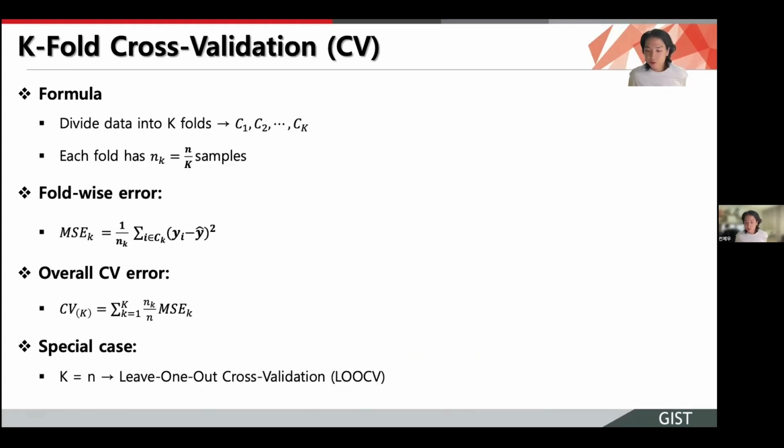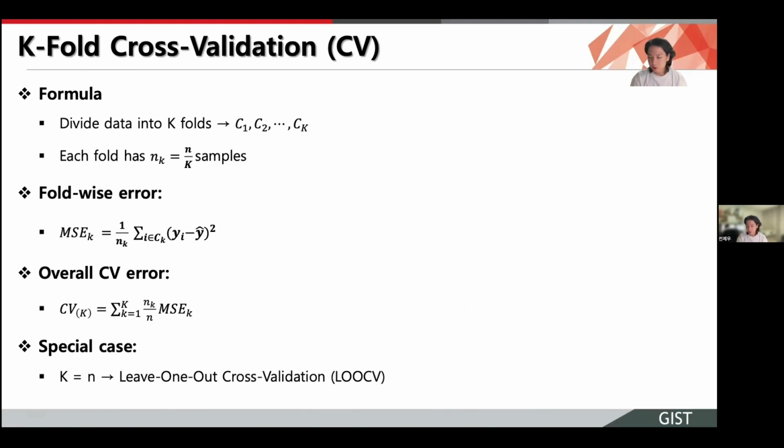Let's look at how the cross-validation error is formally defined. We divide the dataset into k folds and let each fold be denoted by C_k. The number of samples in each fold is n_k. For each fold, we calculate the mean squared error as follows: MSE_k.